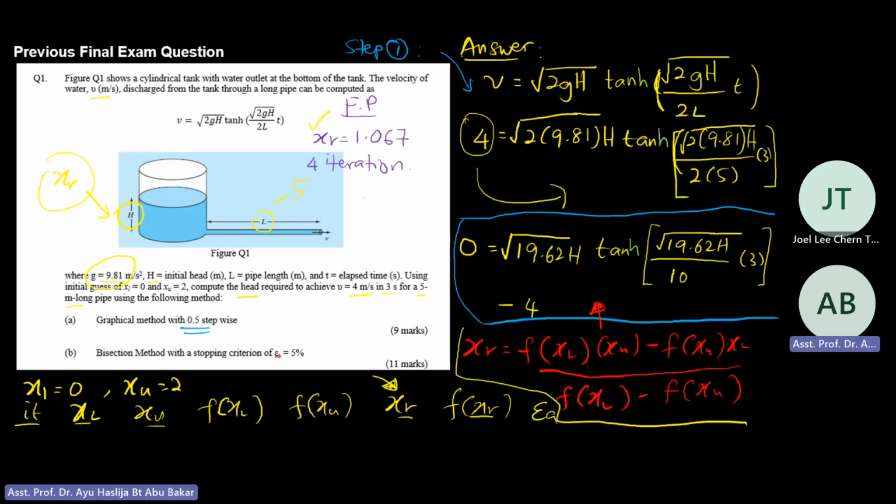Okay, for FP, for false position, your XR is this one, 1.067, around this figure, and only required 4 iterations.